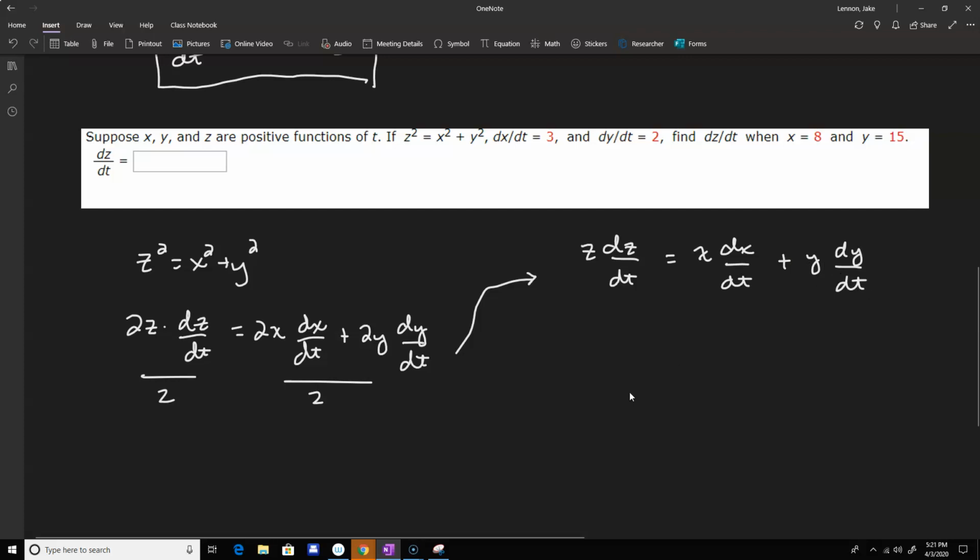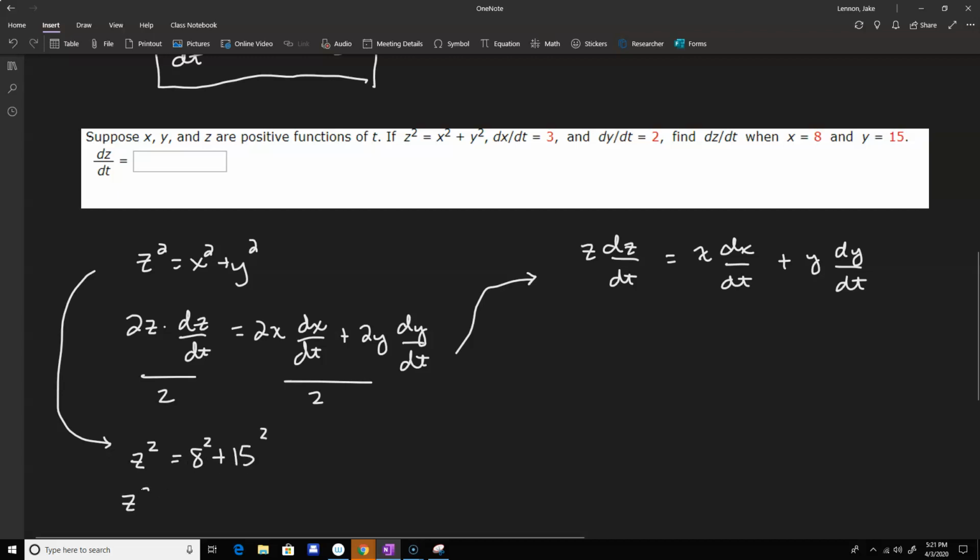And we can go ahead and just plug in the values that they give us. So we know everything except for z and dz/dt. They give us two particular values, x equals 8 and y equals 15. So let's go down here and find z when x equals 8 and y equals 15.